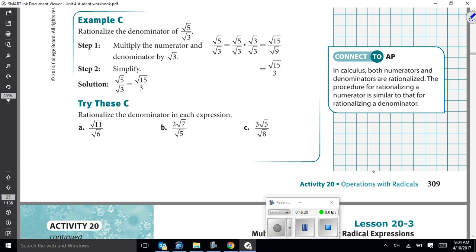So we have the square root of 11 divided by square root of 6. Alright, so what's in the denominator? Square root of 6, so we're going to multiply top and bottom by square root of 6. So we're essentially multiplying by 1, so we're not changing the value. We're just going to change its output.